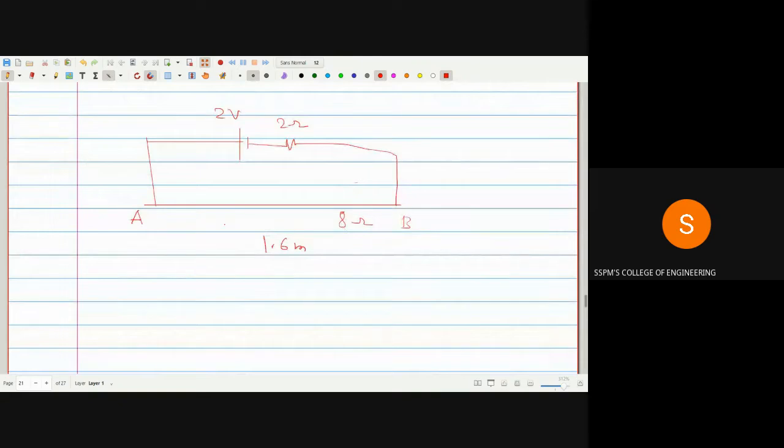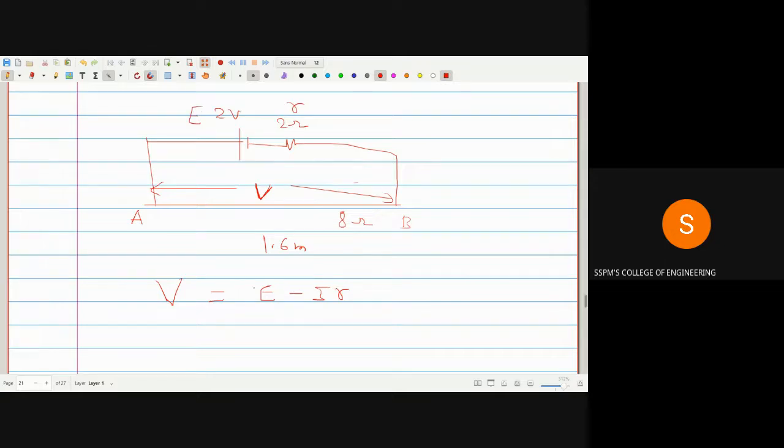Now you have to find the potential difference across AB. According to the KVL rule, V is equal to E minus I into R, where R is the internal resistance and E is the supply voltage.